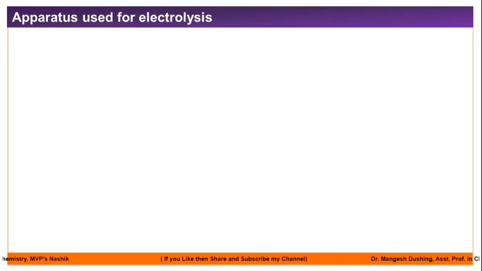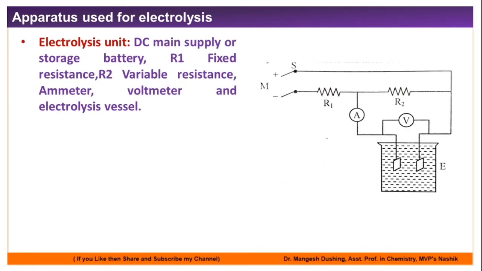So what are the apparatus used for the electrolysis? First is the electrolysis unit, required for electrodeposition. In that case, there is a DC, that is direct current, main supply of around 200 to 240 volts, and a storage battery of 6 to 12 volts. R1 is a fixed resistance and R2 is a small high wattage variable resistance.